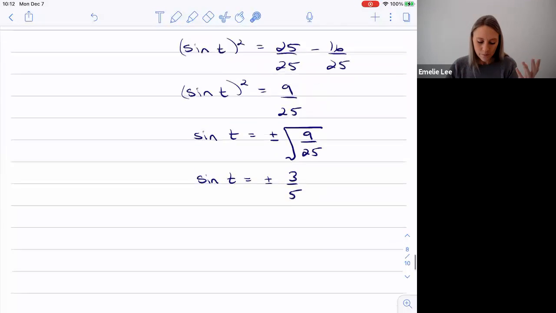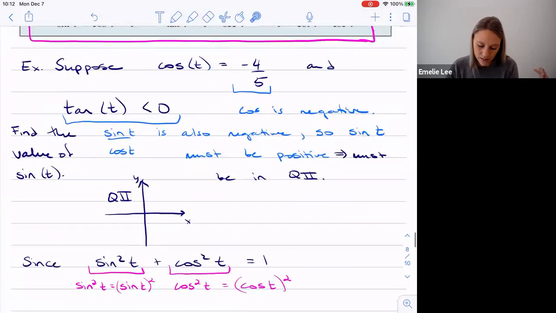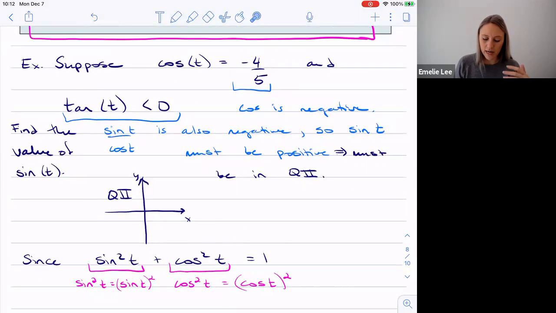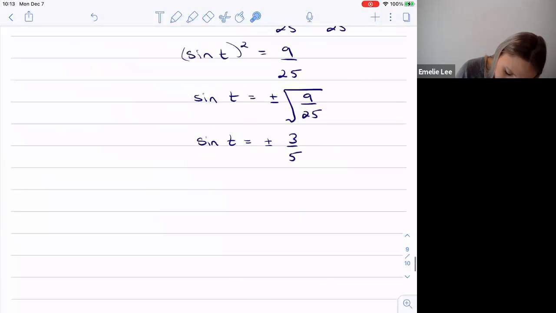But earlier we established, and you could go back and figure out which one it has to be after the fact, but I just wanted to introduce, okay, so knowing that the tangent is less than 0, meaning it's negative, I have to be in Q2, right? And so sine t must be positive.